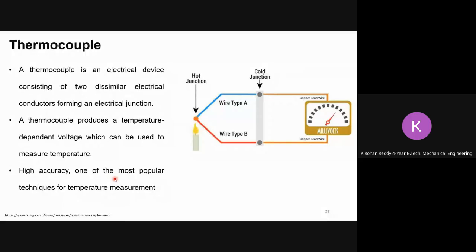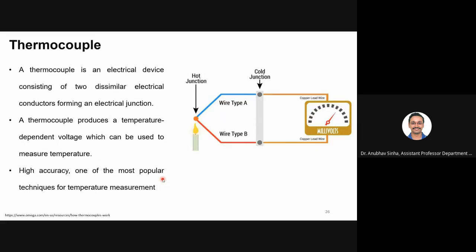Is there any formula for the difference in EMF created at different temperatures? Yes, there are formulas, but this is just a very introductory part in your syllabus, so we will not have any numericals based on this. Both wires have to be different materials, so for example one is platinum, one is copper.